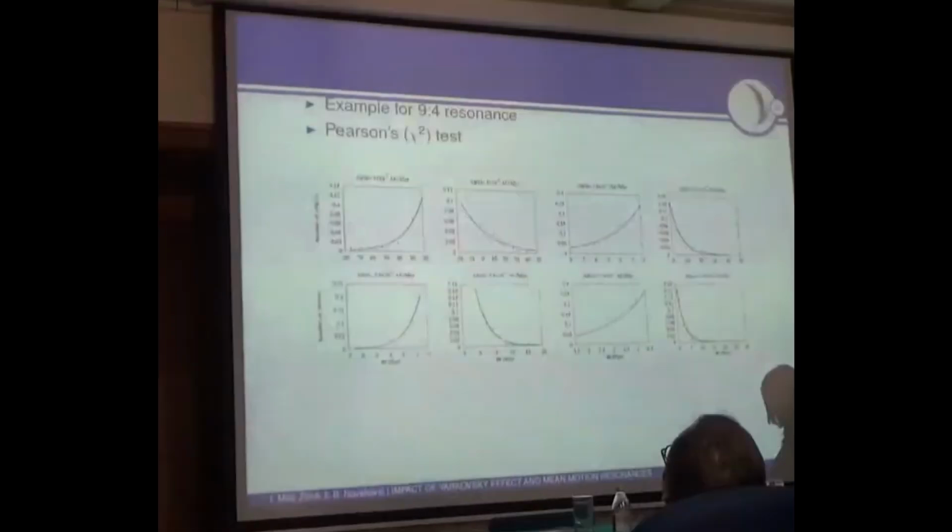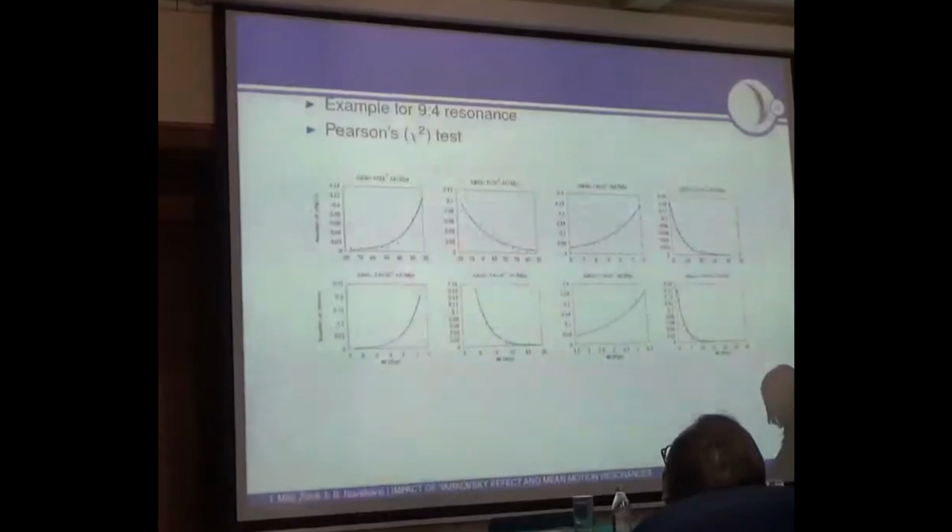And of course, after that, we had to apply some statistical tests in order to check whether our distribution is appropriate for our data. We used the very well-known Pearson's chi-square test, and the result was positive for the bottom branch of our multiple asymmetric function.